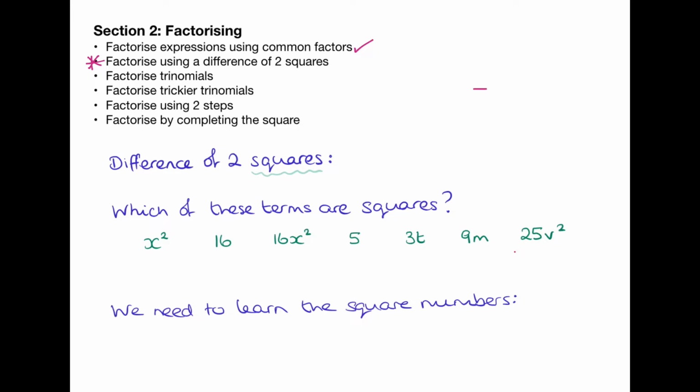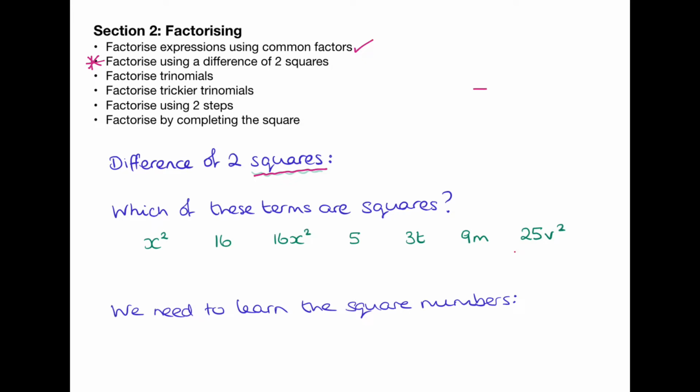We need to look at the different words in this. This is called a difference of two squares. It's a phrase you need to learn. And first of all, we need to know what's meant by squares. Now, a square is something that is the answer when you square something.